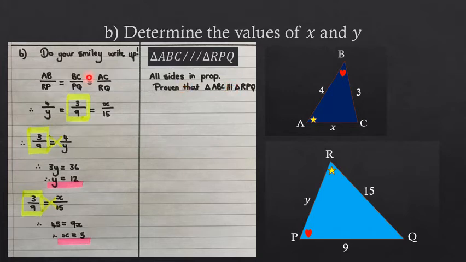Okay, next step, you go and replace AB's value. AB is 4 over RP. RP was y. BC was 3 over PQ, which was 9. Okay, is equal to AC, which is x, over RQ, which is 15.